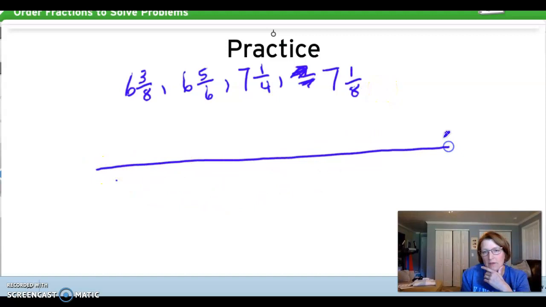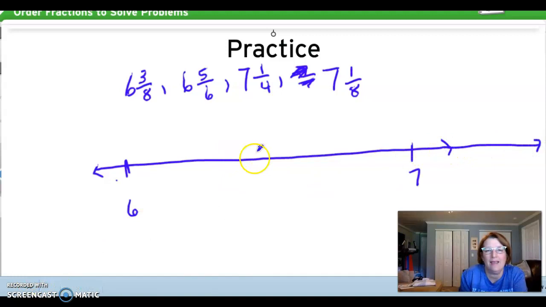So when you get ready to do your number line and you're using these improper fractions, we're not going to put 0 and 1 on it because that's way too low. We've got 6s and 7s. We should know that all of these are going to come between 6 and 7. Oh, some of them are higher than 7, so we should extend this a little longer. And then I'd put 6.5 in here, thinking about that.